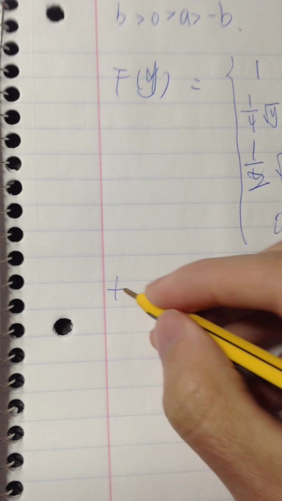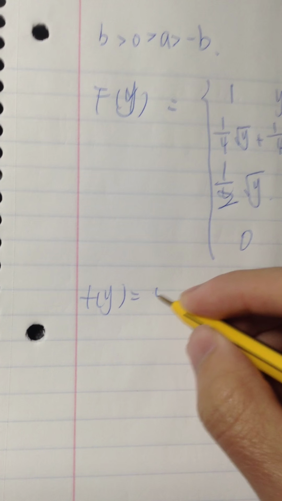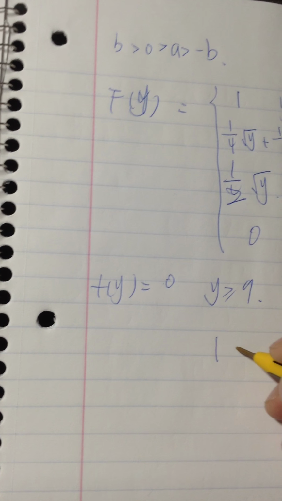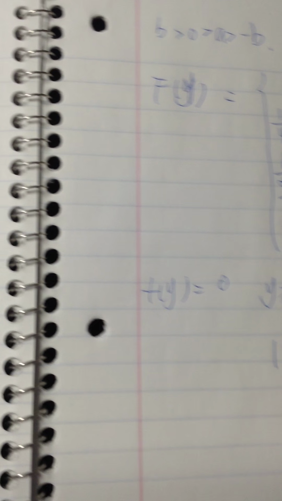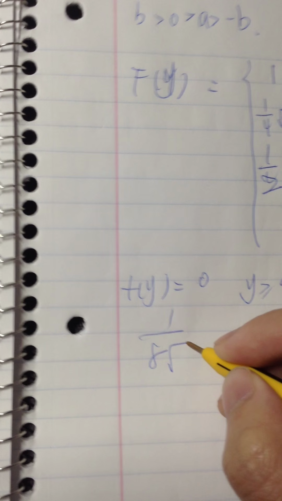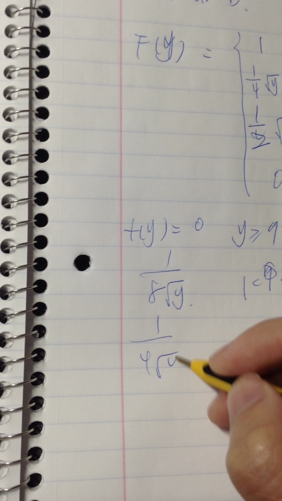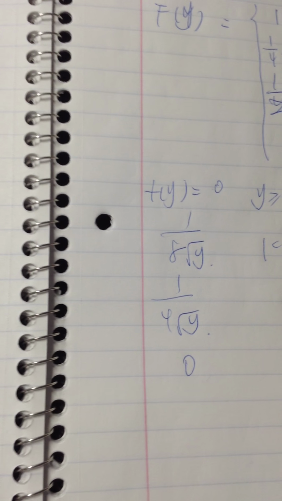So the fy is 0 when y is bigger than 9. 1 to 9 is this. 0 to 1 is this, and 0 when y is less than 0.